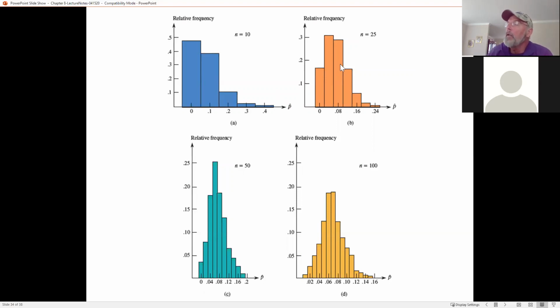And we may need to look at the sample size to appreciate this being a normal distribution. At what stage does this turn into a normal distribution? That's the intent here.